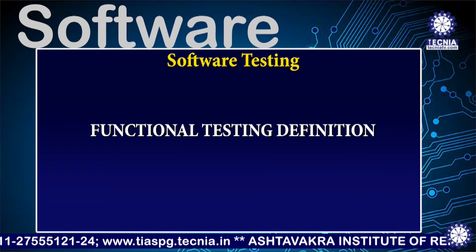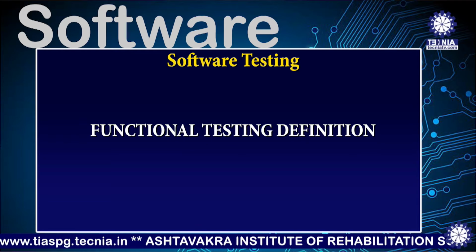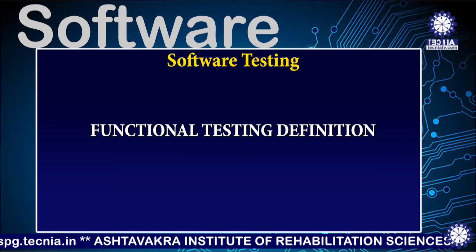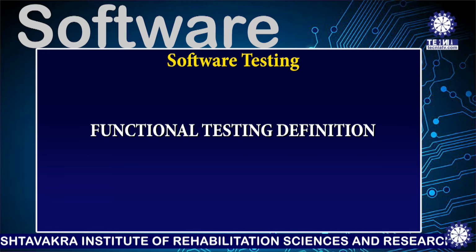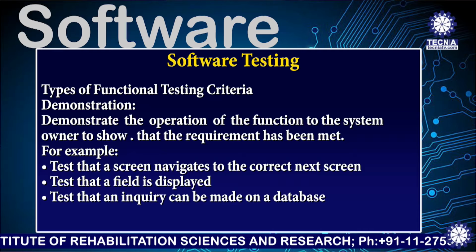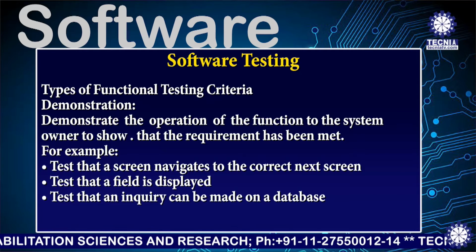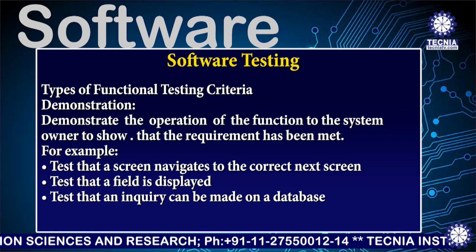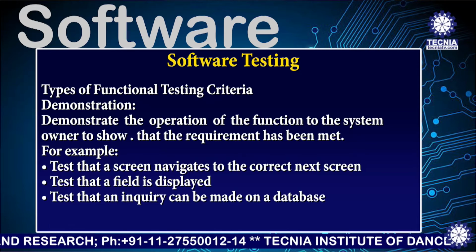Now friends, after discussing what is functional testing and what is software testing, in the next step we are going to discuss functional testing criteria. Functional testing criteria means the ways by which we check the functional testing.